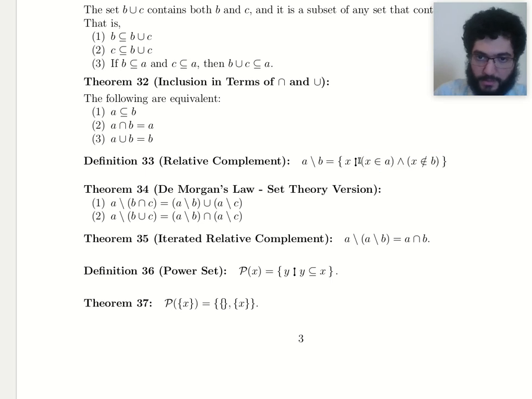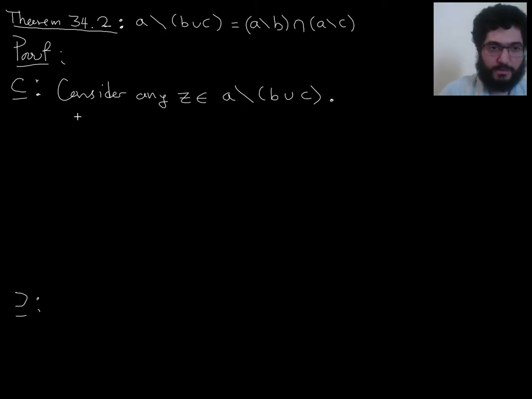The condition here, the thing between the bar and the curly brace. So for z to be in a relative complement is for it to be in the left-hand thing and not in the right-hand thing. So then z is in A, and z is not in B union C.